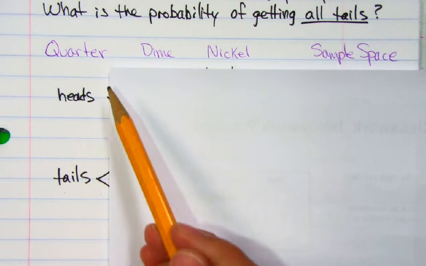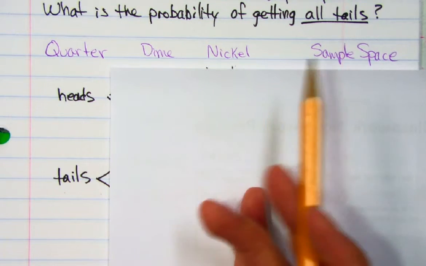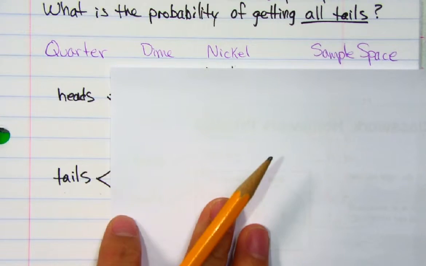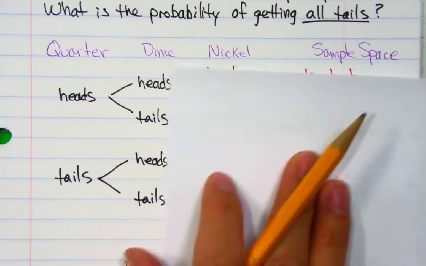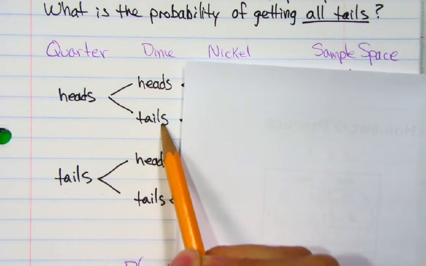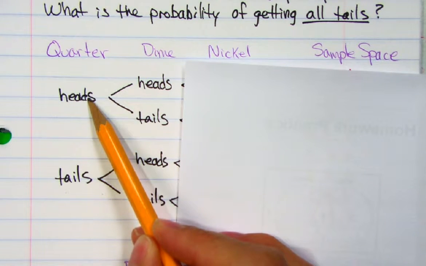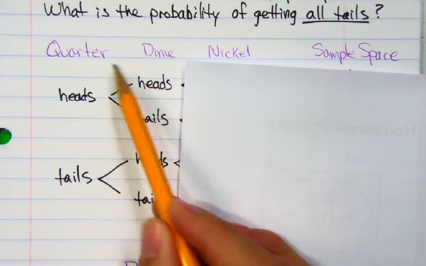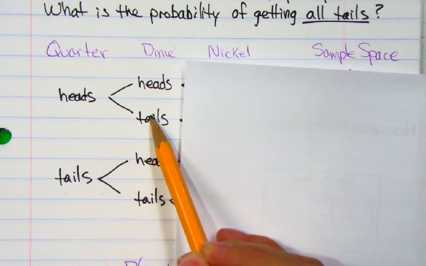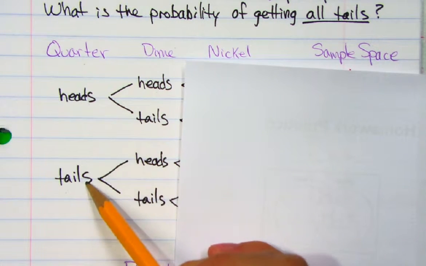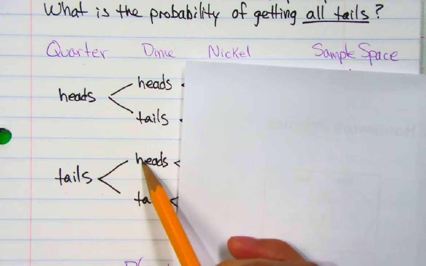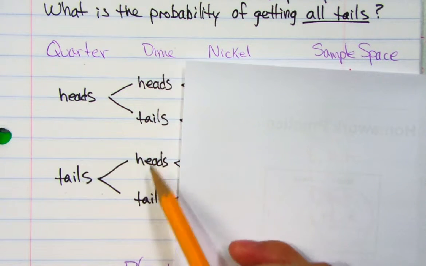Then I'm going to add another simple event. What about the dime? On the dime itself, I could have heads or tails. The reason I'm going to write that twice is because what if I got quarter heads, dime heads, quarter heads, dime tails? Or quarter tails, dime heads, quarter tails, dime tails.